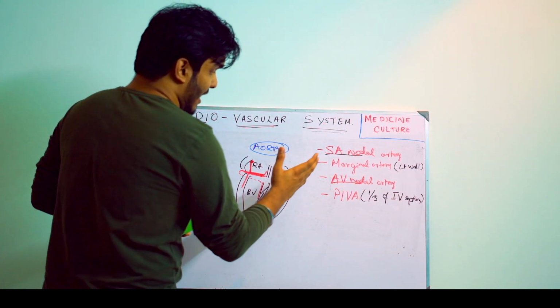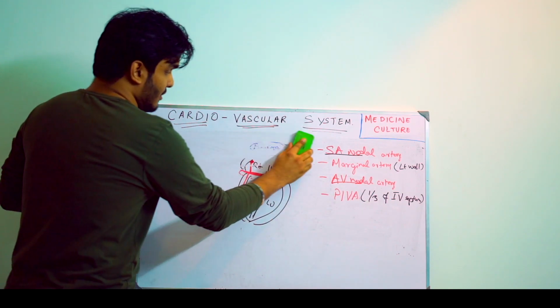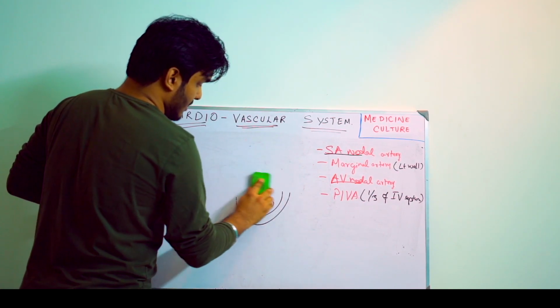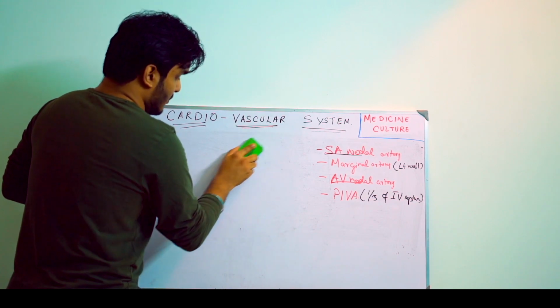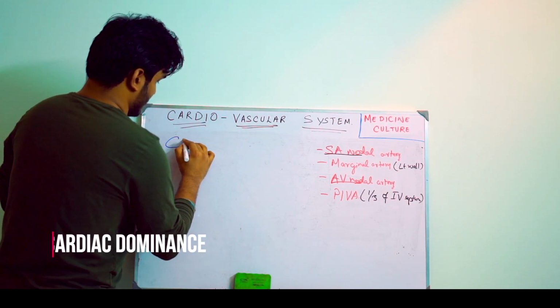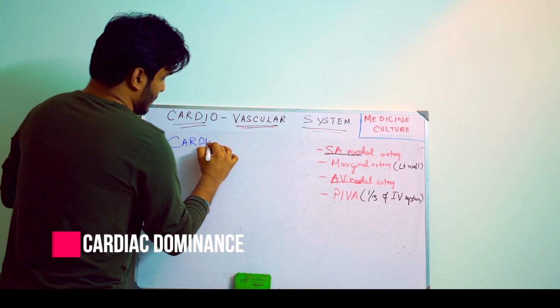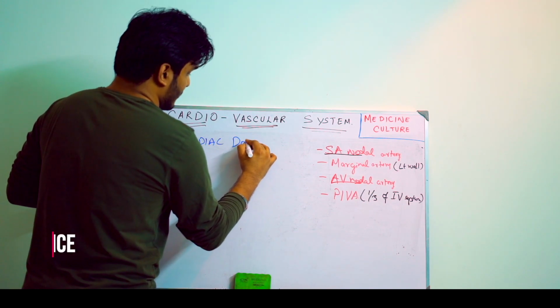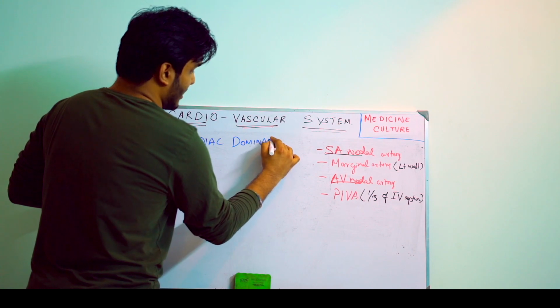Since we have mentioned the posterior interventricular artery, let's talk about cardiac dominance. You might be asking, what is this cardiac dominance suddenly?